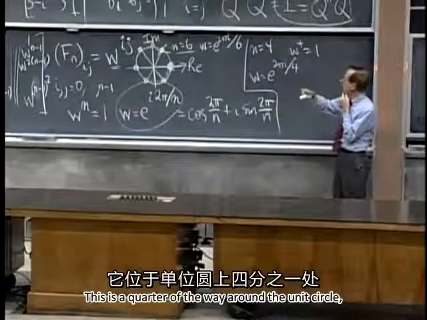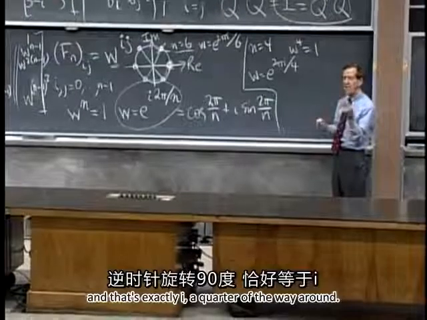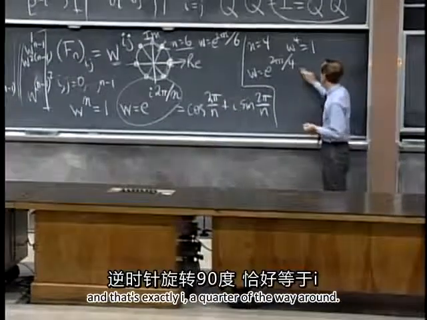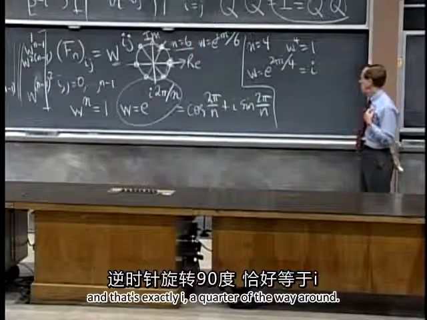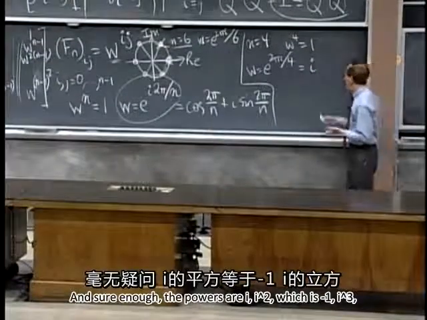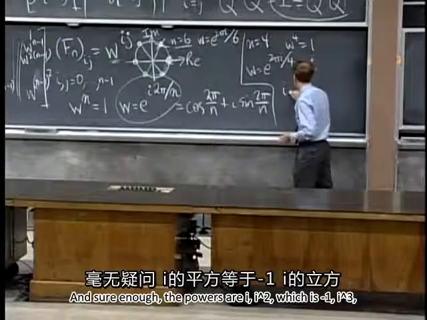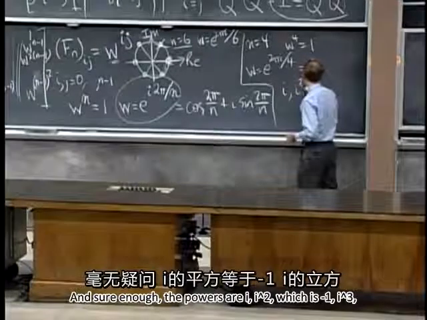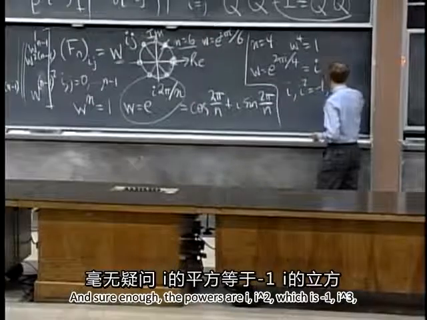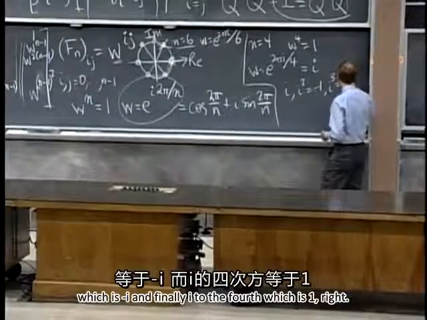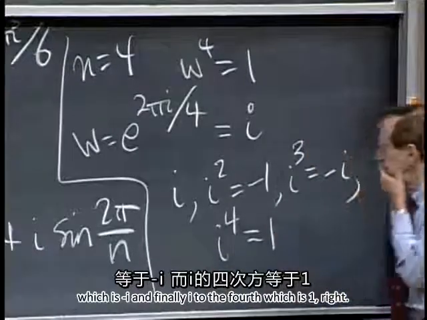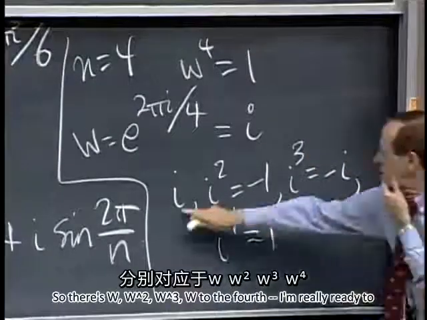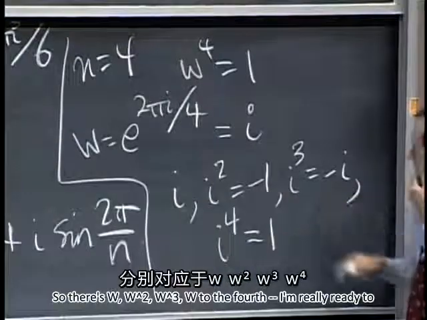This is a quarter of the way around the unit circle, and that's exactly i, a quarter of the way around. And sure enough, the powers are i squared, which is minus 1, i cubed, which is minus i, and finally i to the fourth, which is 1, right? So there's w, w squared, w cubed, w to the fourth.